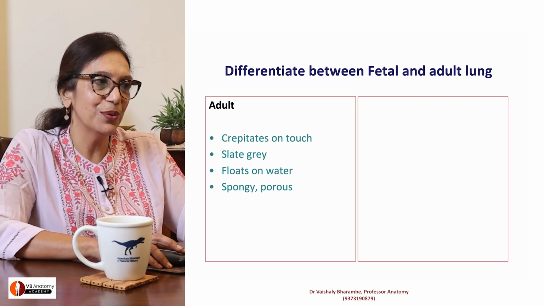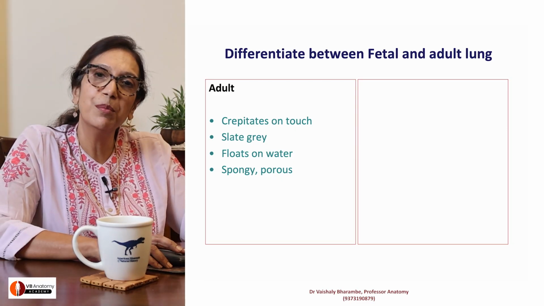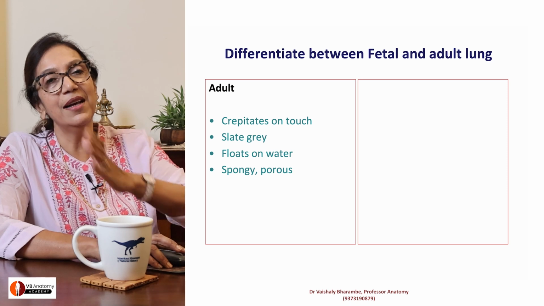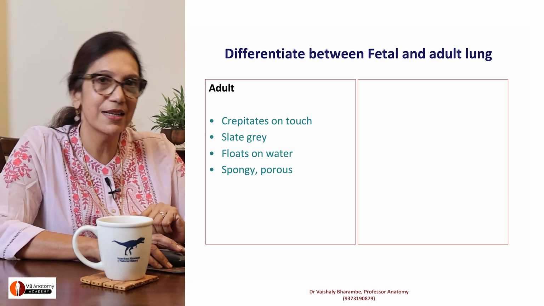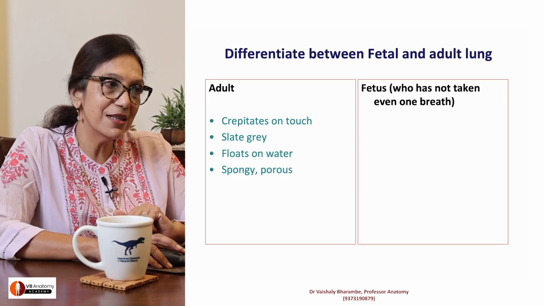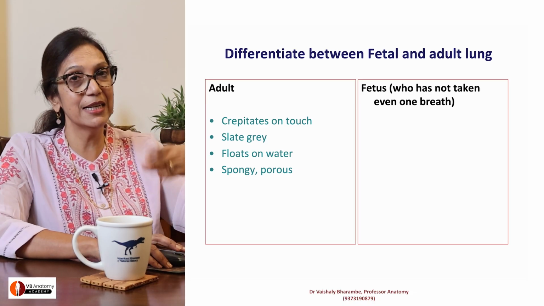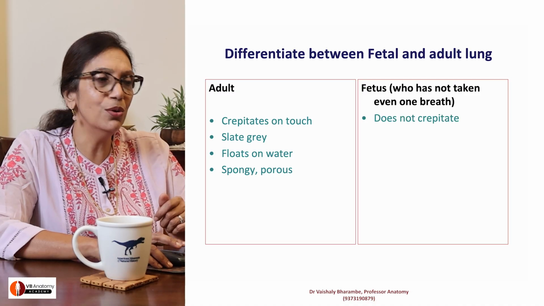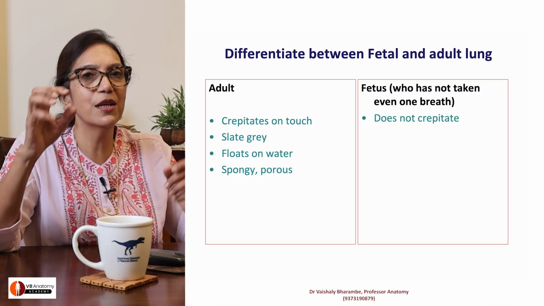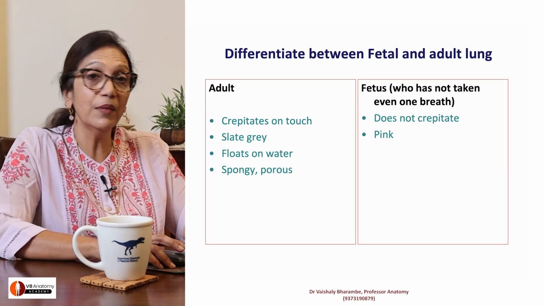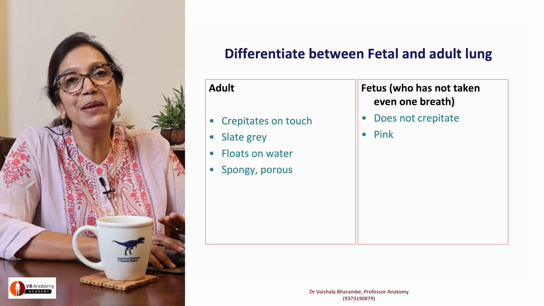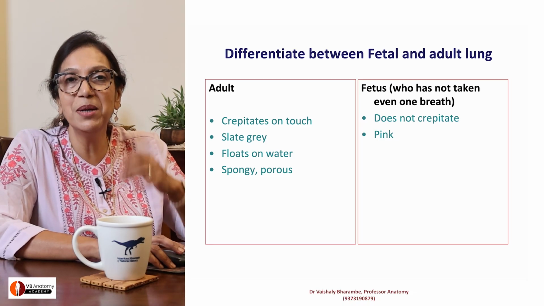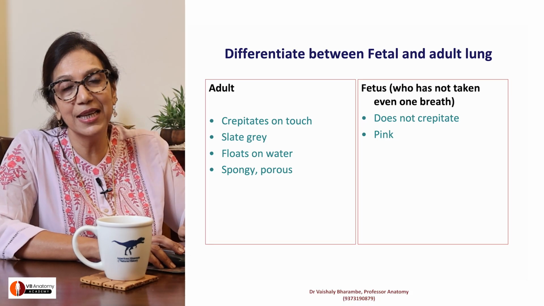All this you already knew. Now I have a question for you. Was it like this the day you were born? What is the difference between an adult lung and a fetal lung? Does the fetal lung, before the baby has taken the first breath, crepitate on touch? No, it does not crepitate. There is no air in it. Is it grey? No, it's pretty pink. It is us who keep on breathing in so much fumes and rubbish that our lungs turn grey in color.